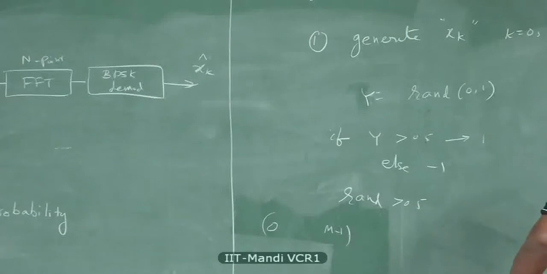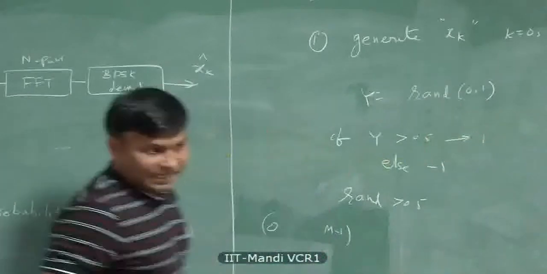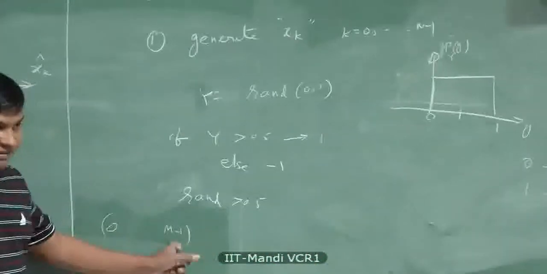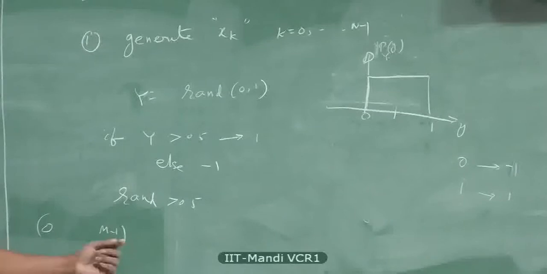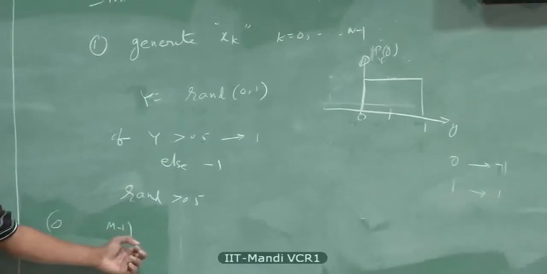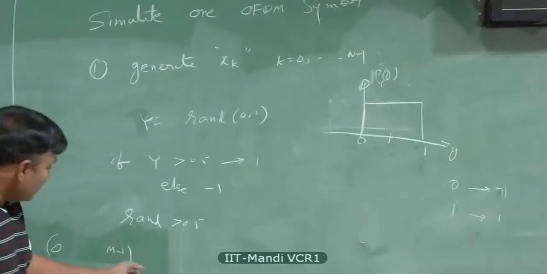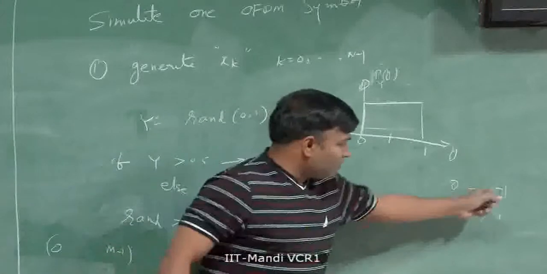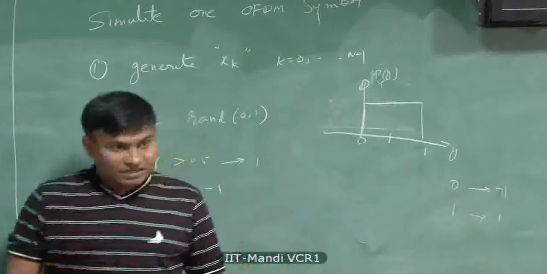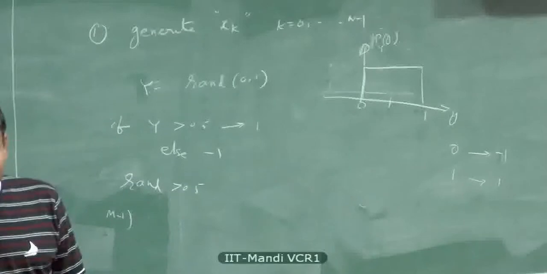0 maps to minus 1, 1 maps to 1. This is the table. And use randint where M is set to a value of 2, then it gives you two numbers, either 0 or 1, with equal probability, and you take that number and use the lookup table and read the values. That's another way of simulating it.